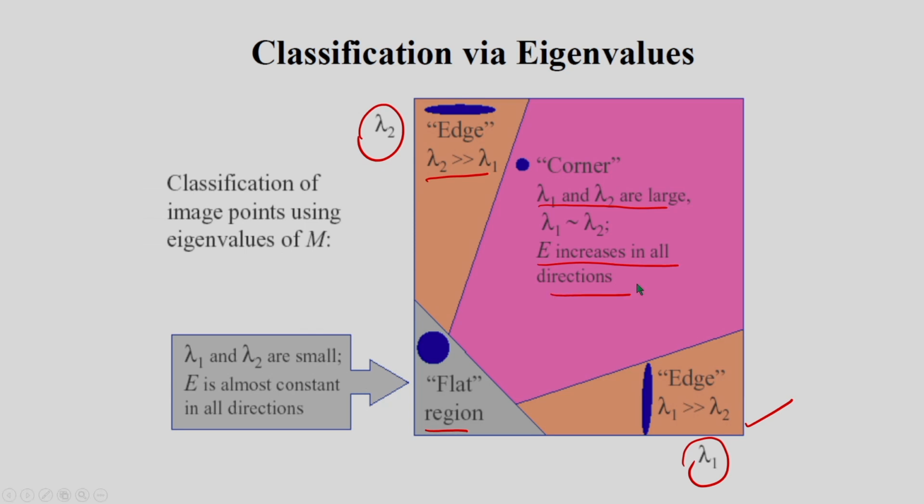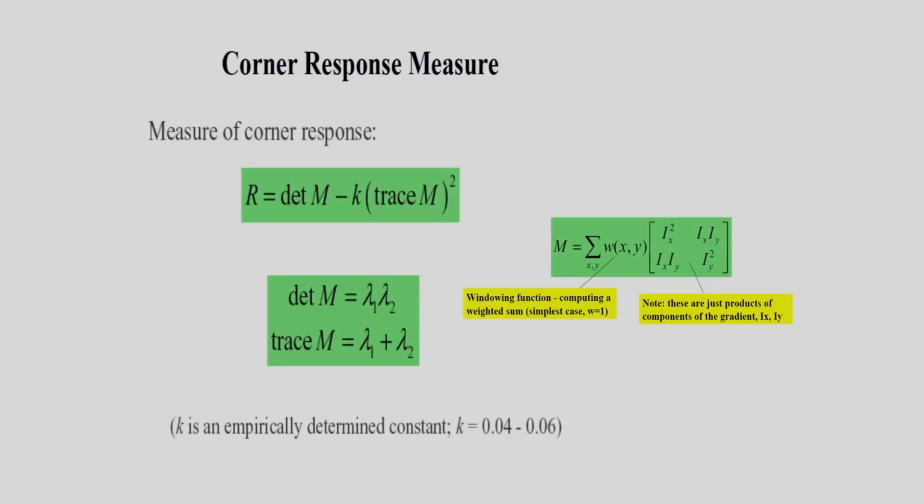So, based on the eigenvalues, I can determine the vertical edge, the horizontal edge, the flat region, but mainly the corner points. For this, I can determine the corner response measure with the help of this concept. So, how to determine the corner response?